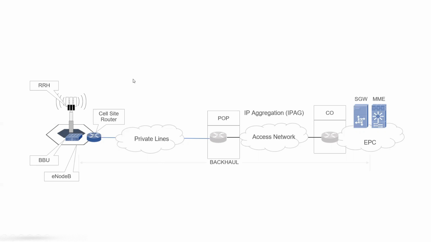So basically, they came up with a new architecture which is known as centralized RAN. In centralized RAN, what we do is shift the BBU, which is basically the brain of the tower site, and the cell site router into a centralized location, right? We extend the fronthaul network, which was from the BBU to the RRH, towards the point of presence.